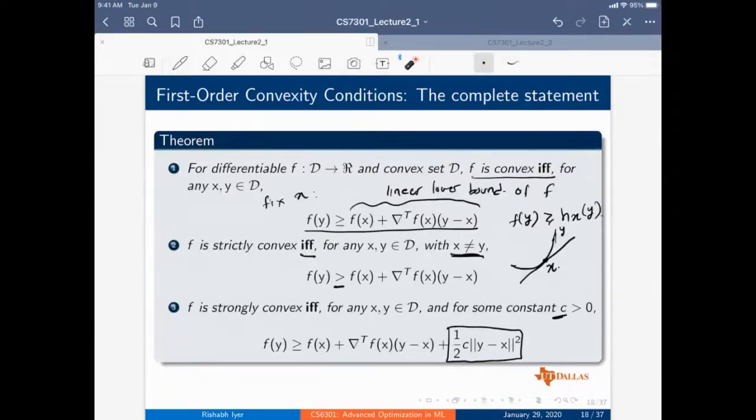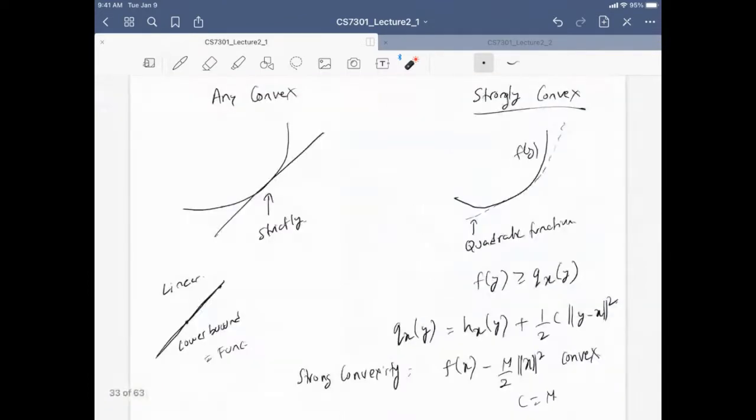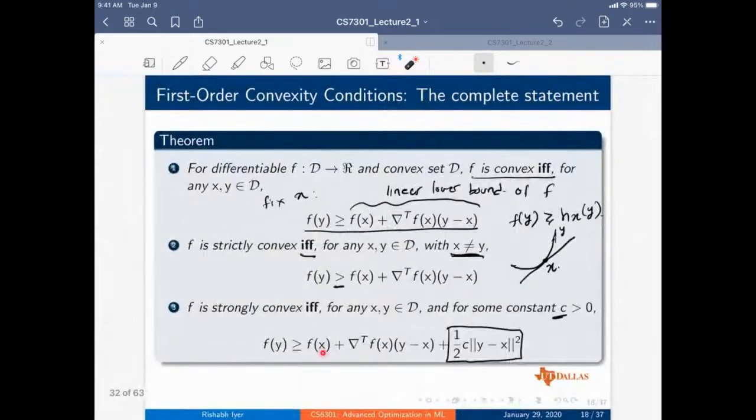So my function f of y is greater than this linear function plus this quadratic term, because this quadratic term offsets this mu by 2 x square. You can see this result when you substitute back the strong convexity assumption. The intuition again is that the function has to be growing larger than a quadratic function, so it has to be a quadratic function plus something else.